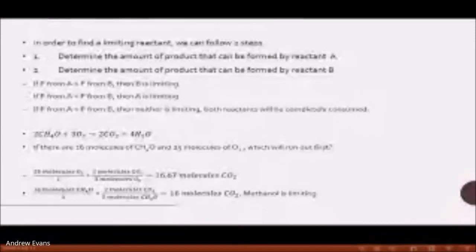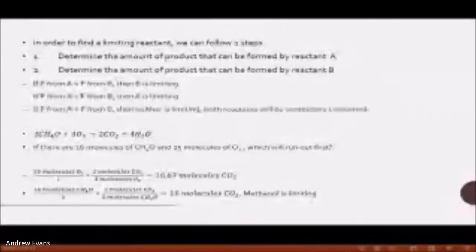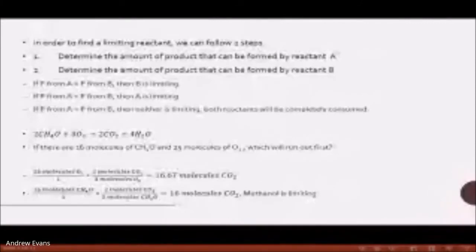Now, for the sake of this, I've used molecules. Looking at this, if there are 16 molecules of methanol and 25 molecules of oxygen, which will run out first? So if I'm going to calculate this in terms of CO2, 25 molecules of oxygen: for every 3 molecules of oxygen used, we form 2 molecules of CO2.